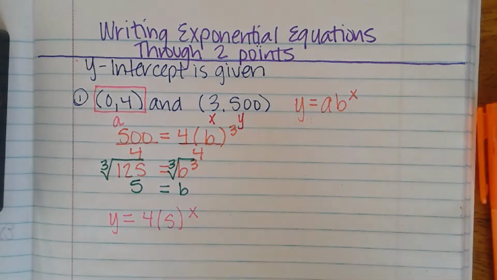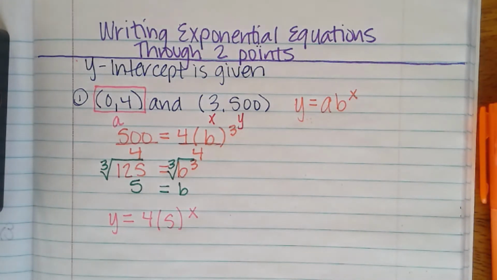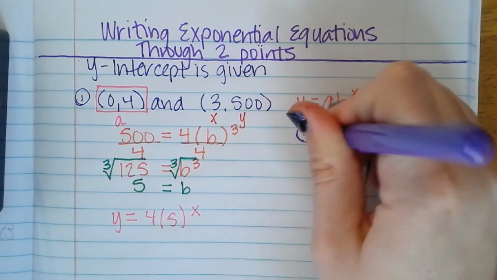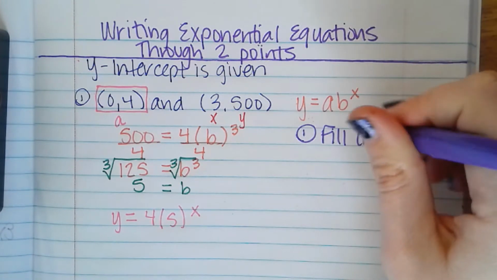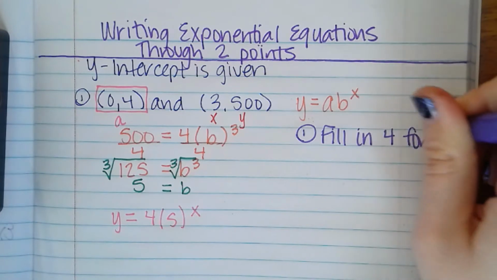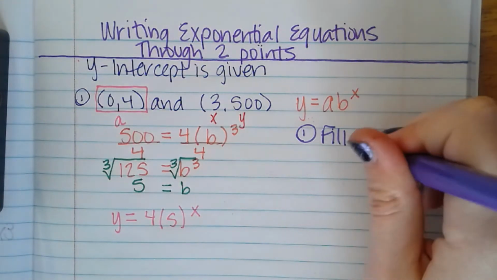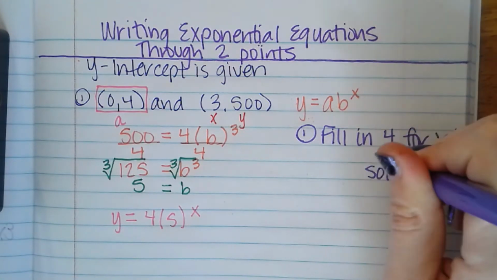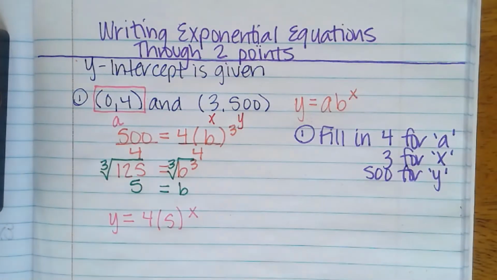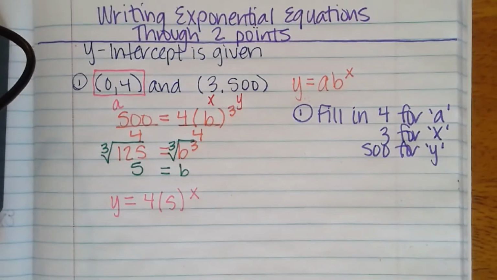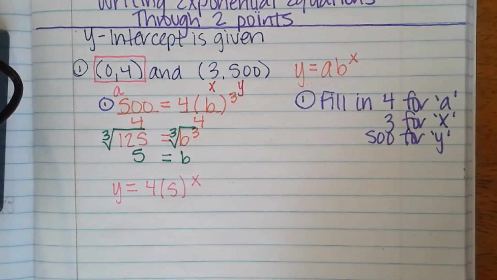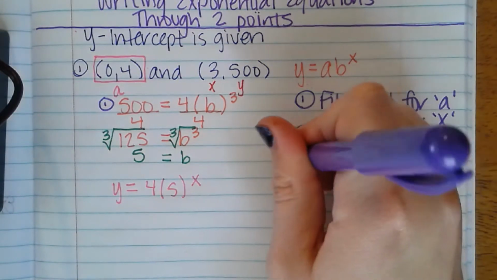So before we're done, we are going to, off to the side, list our steps. So we have step number 1. We would fill in 4 for our a value, 3 for x, and 500 for y. Okay, so that's how we got this first equation. Then step number 2, we started solving.